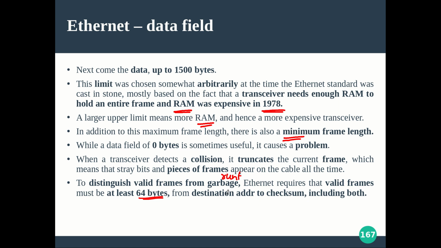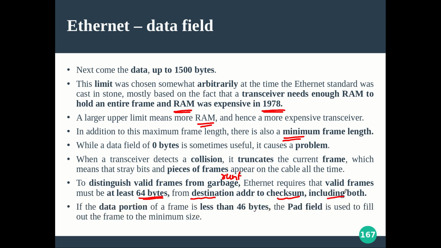Like that they will distinguish. And the 64 bytes they are counting from the destination address to the checksum. I hope you remember the frame fields: destination address, then source address, then type or length, then data, and checksum. Like that it is proceeding, including both. So together it is 64 bytes.